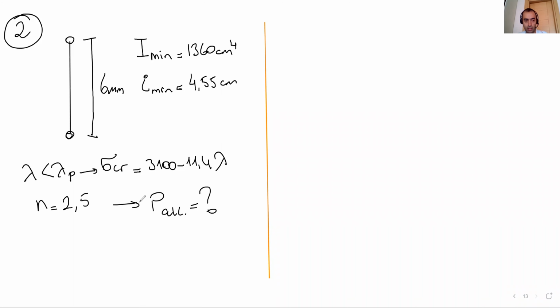Here we directly get the lambda because all these unknowns are given in the question. Lambda is this.